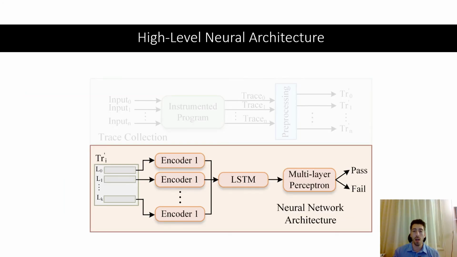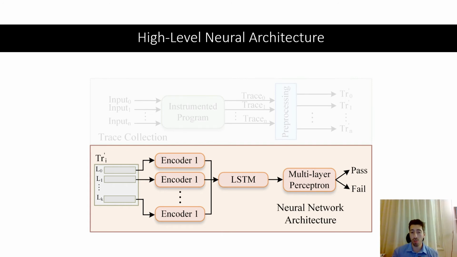Having discussed how we instrument the code bases, how we collect the execution traces, and label them, let's see how one execution trace is fed into the machine learning architecture. On the bottom left, you can see in the gray box how an execution trace looks like. It is a sequence of function calls, let's say L0, L1, and LK.